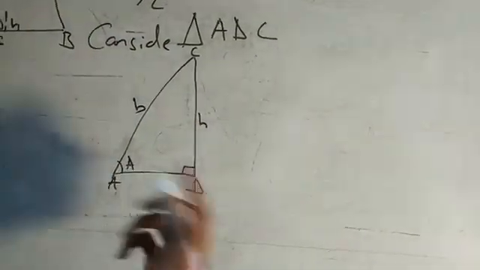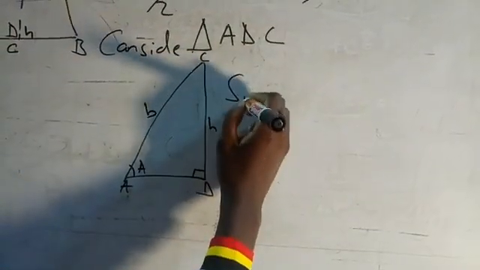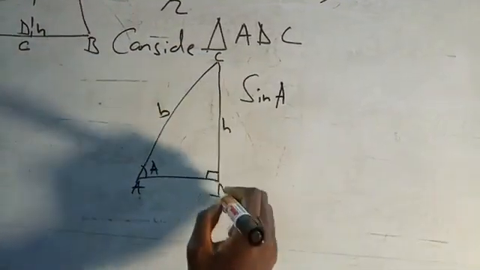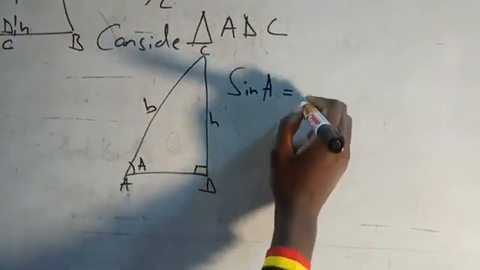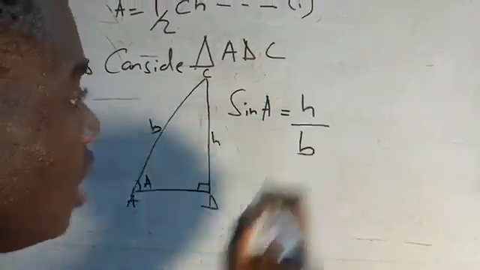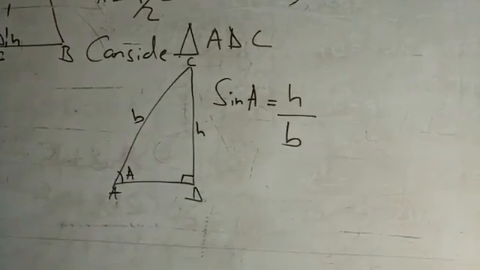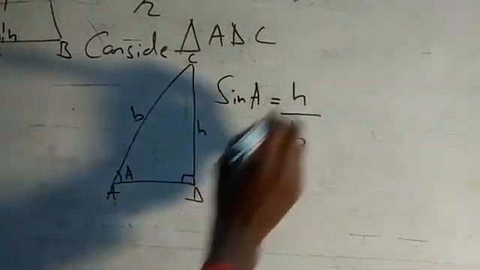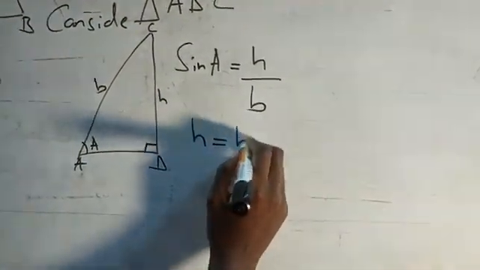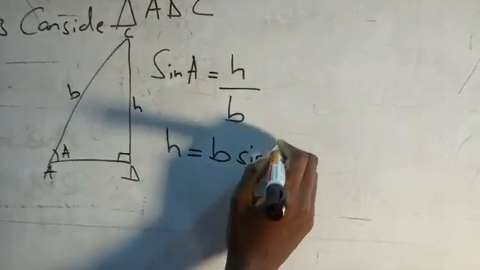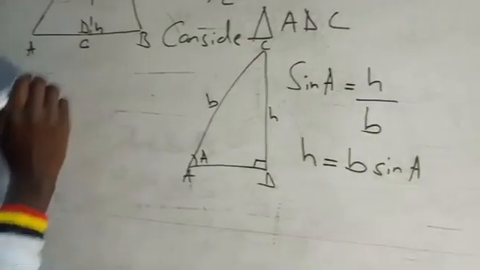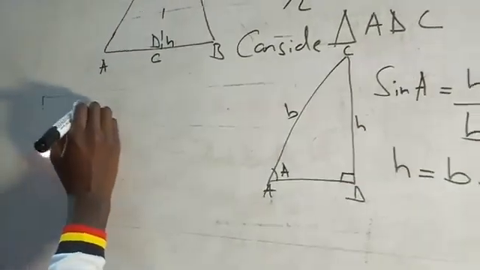Sine of theta, which is A, equals opposite, which is h, over the hypotenuse, which is b. On getting h alone, h equals b sine A. Let's also try to consider triangle.